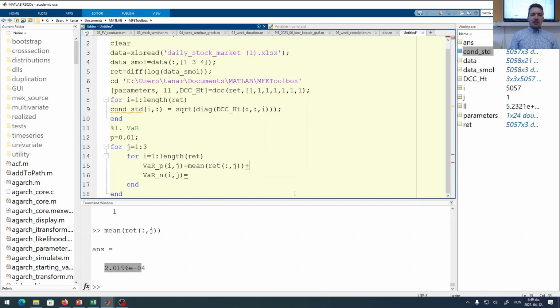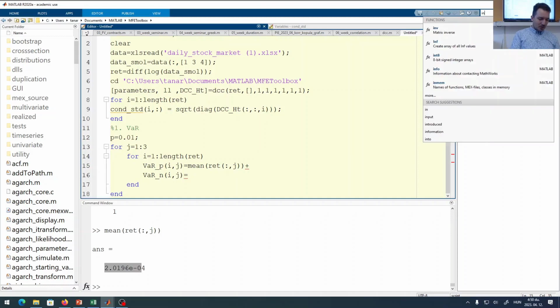Okay, and after that, if it would be just 5% or 1%, we could write here 1.65 or 2.326. That would be a simple case, but we are looking for some harder things, so we need the inverse normal distribution.